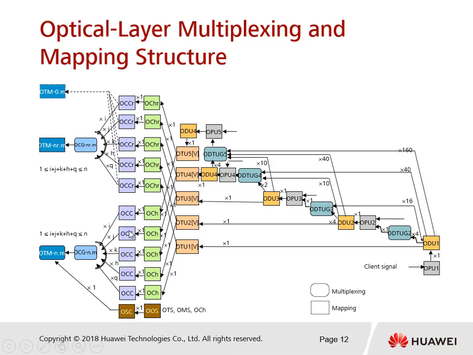Then the optical channels together with the OSC will be the payload. We call it the OTM N.M. This N will be 6 because here we have 5 optical channels with 1 OSC. And this M depends on the rate of this line card. So here I have 1, 2, 3, 4, 5, so this M means 1, 2, 3, 4, 5.